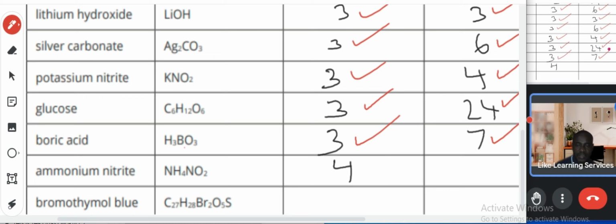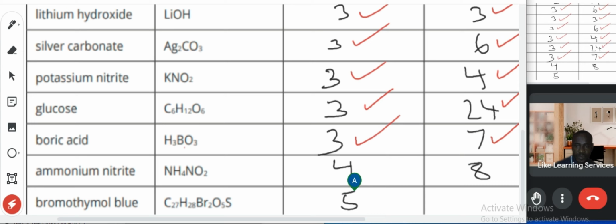Ammonium nitrite. 1, 2, 3, 4. Okay. Are you sure there are 4 elements? 1, 2, 3, 4, 5.